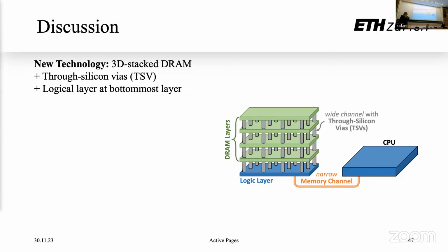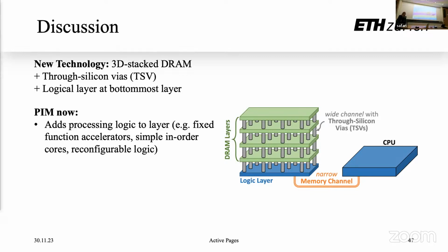The 3D stacked DRAM has much higher internal bandwidth than conventional memory systems, due to through-silicon vias, which are essentially just columns connecting the different layers of the DRAM. In addition, most 3D stacked DRAM architectures propose an additional logic layer, which can communicate with both the processor and the DRAM.